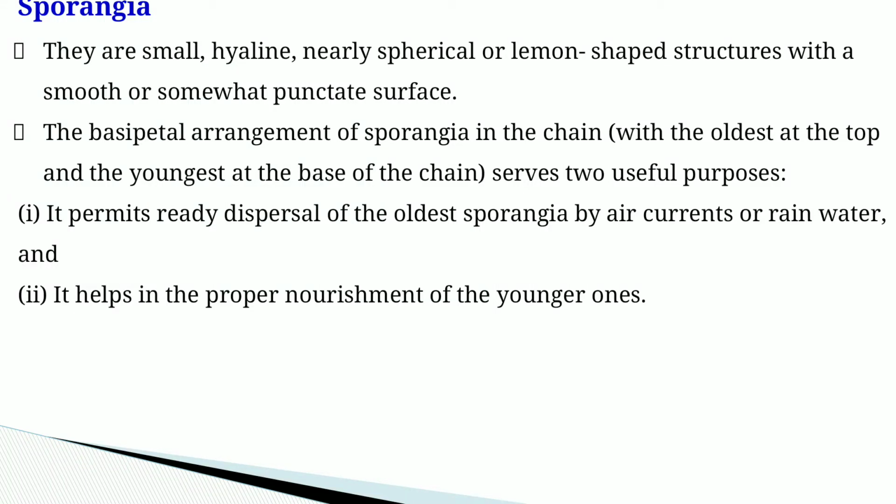In this video, I am going to talk about Albugo sporangia and the ultrastructure of sporangia. The sporangia of Albugo are small and hyaline. Hyaline means translucent.